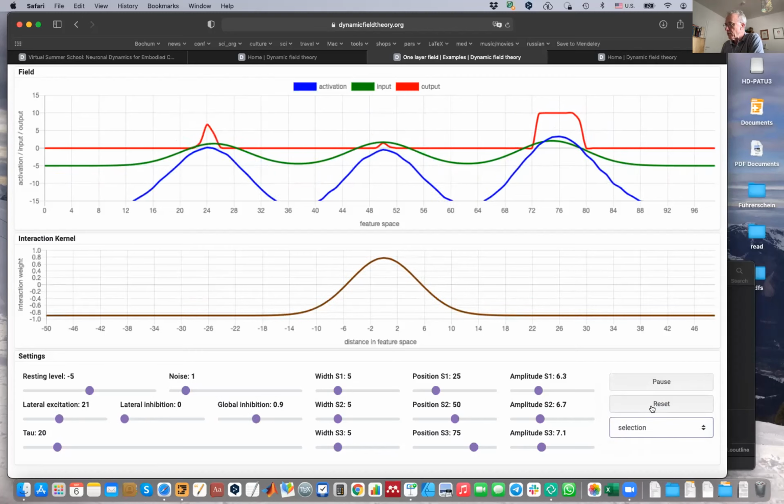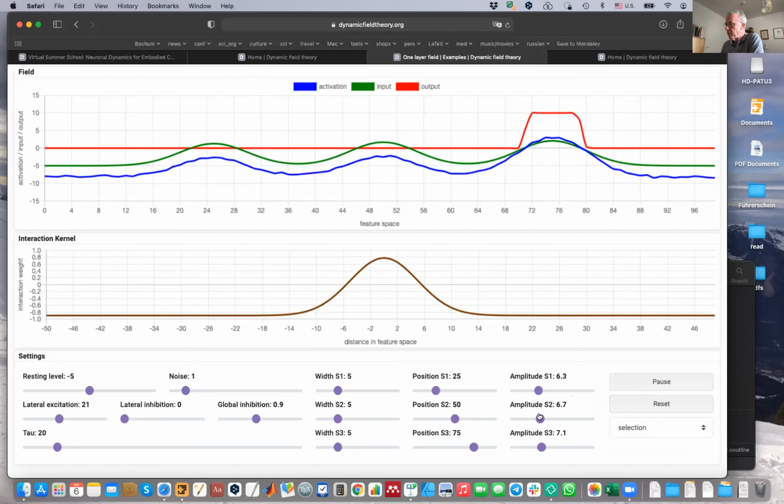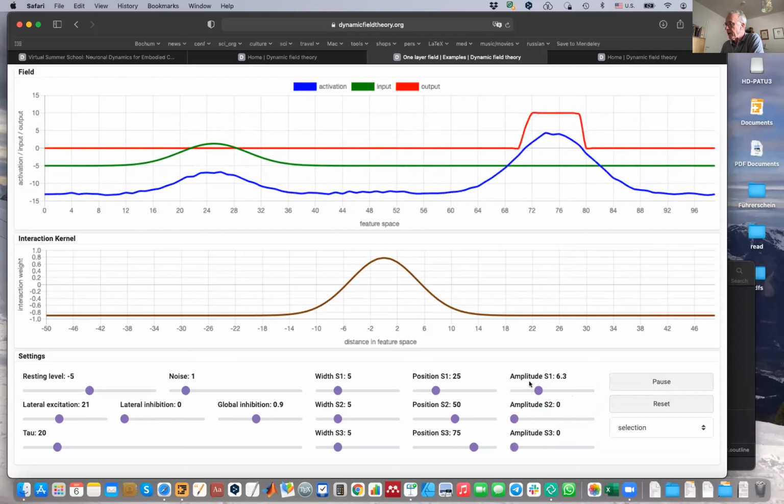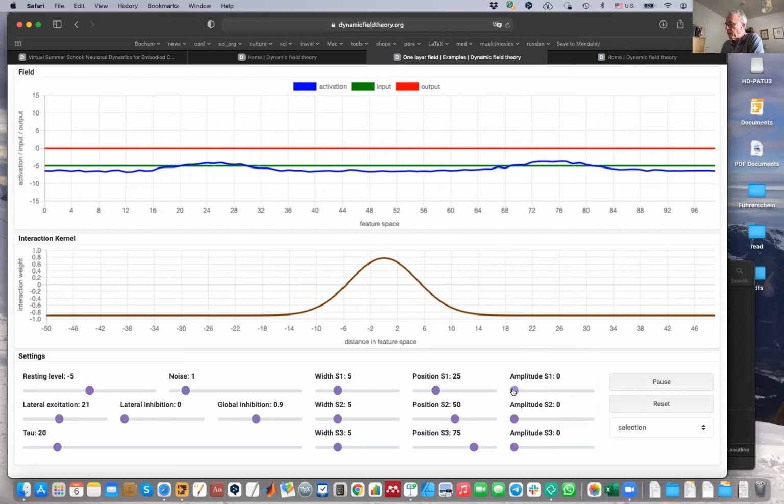Let's go back to the kernel we are interested in originally, and I want to illustrate two more points actually about this. So one is, let's give it just a little bit of input here.